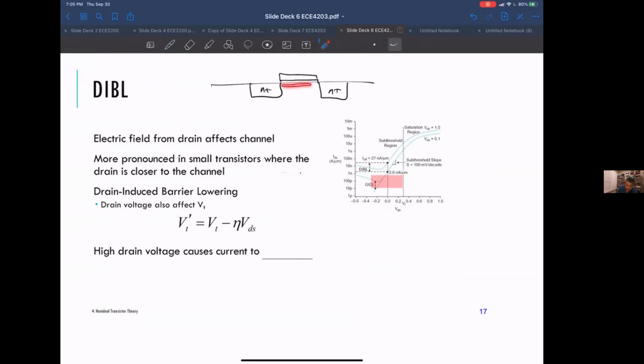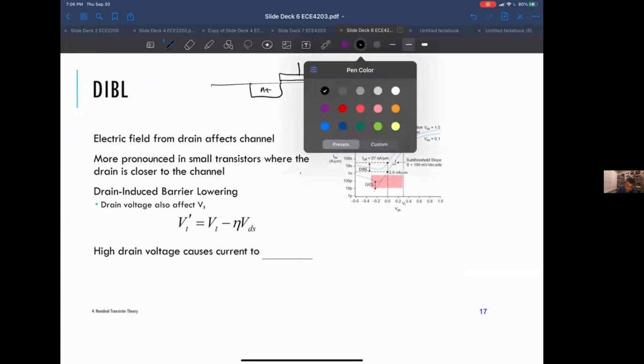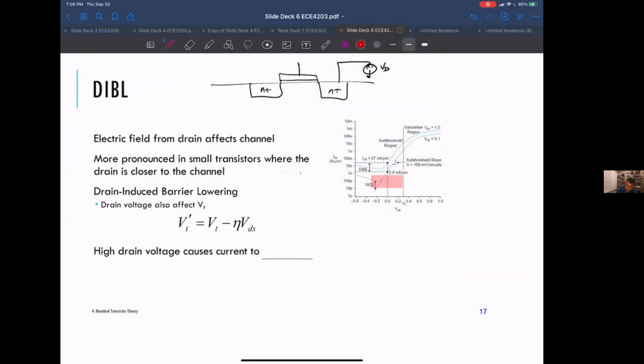Around here is the channel, and this is the drain. Let's say this is the voltage of the drain.